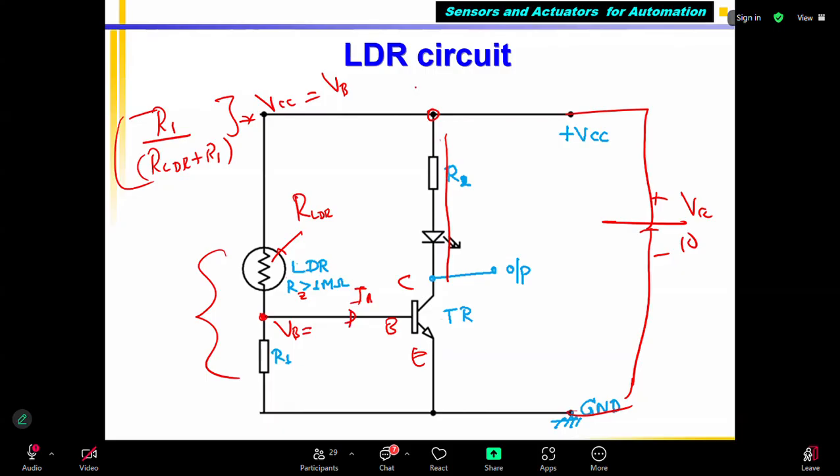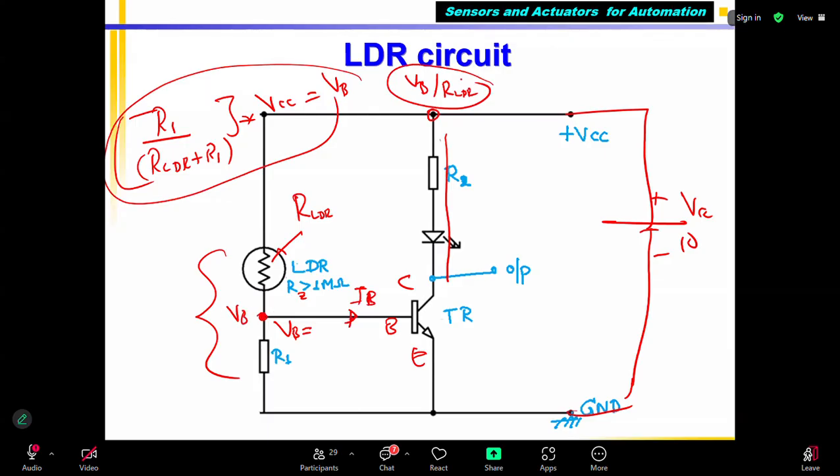That depends upon VB divided by RLDR. This voltage you can compute using this formula. The current going is IB equal to this voltage VB divided by this resistance LDR. That current only is going here.